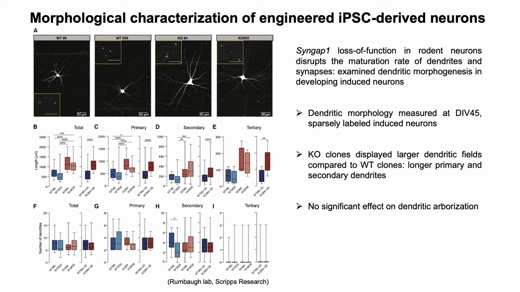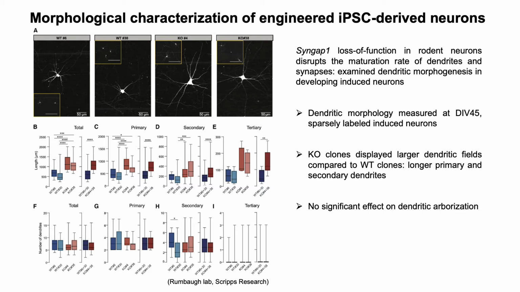So once they had that model system in hand, they performed some morphological characterization because from the rodent studies it has been shown that SYNGAP1 loss of function disrupts the maturation rate of dendrites and synapses. Therefore they examined the dendritic morphogenesis in developing induced neurons produced from each of the 4 human iPSC clones. If we look here, the knockout ones on the right clearly display larger dendritic fields compared to the wild-type clones.